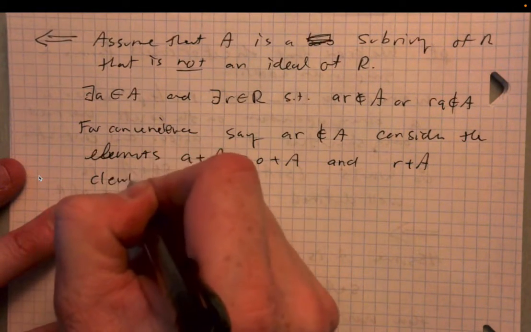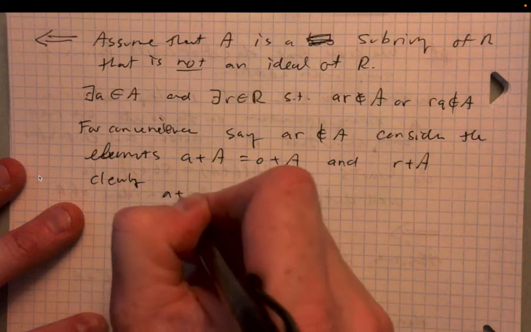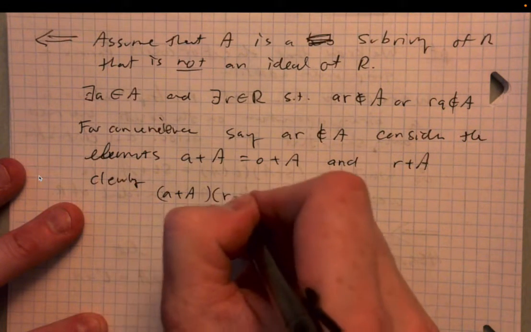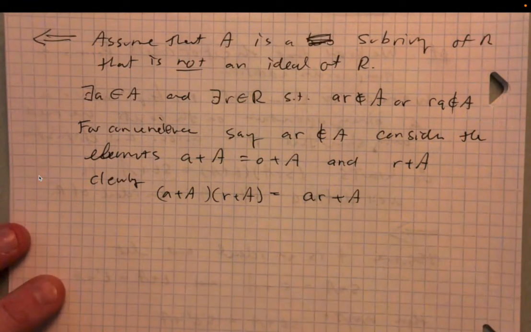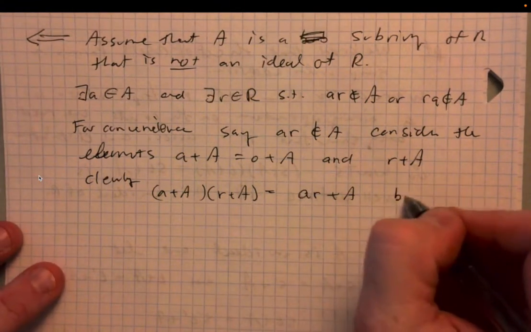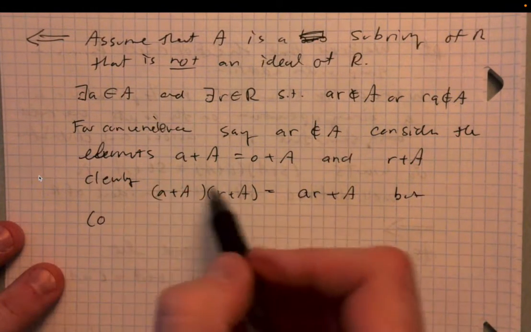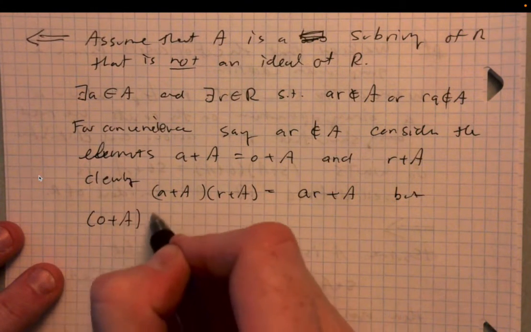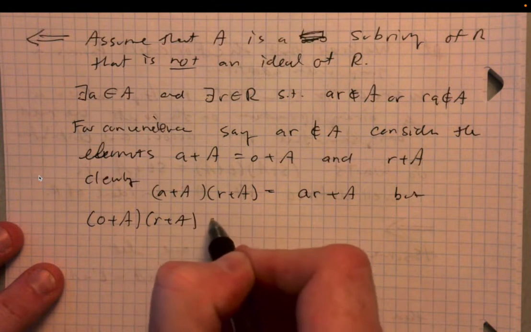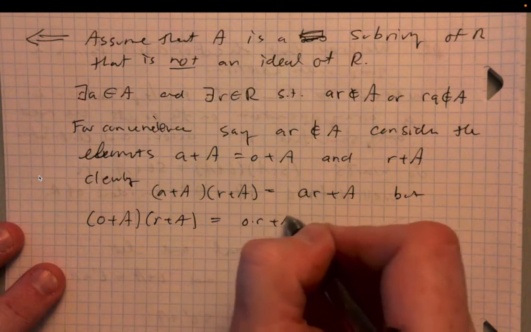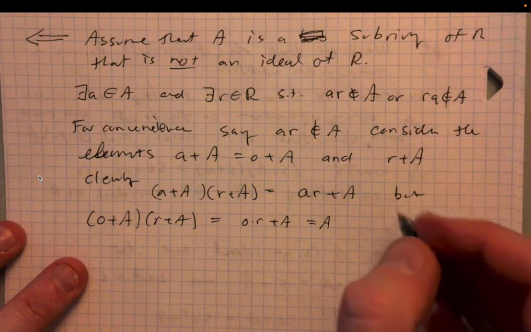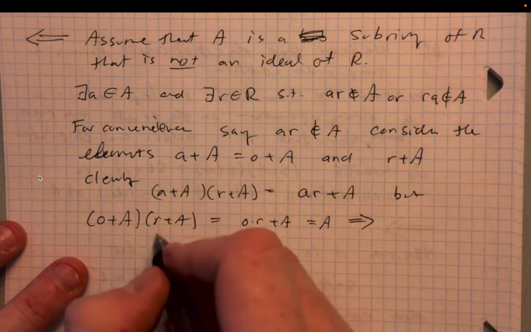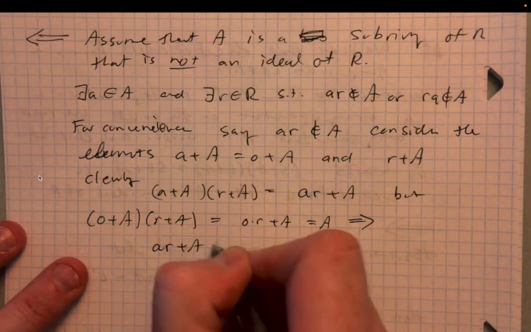So clearly, a plus A times r plus A is equal to ar plus A. That's fine. But what happens when we use the other way to express this? 0 plus A times r plus A. Well, that's 0 times r plus A, which is just equal to A, right? The whole thing. So you're outside of the coset. And so in this case, ar plus A is not equal to A.